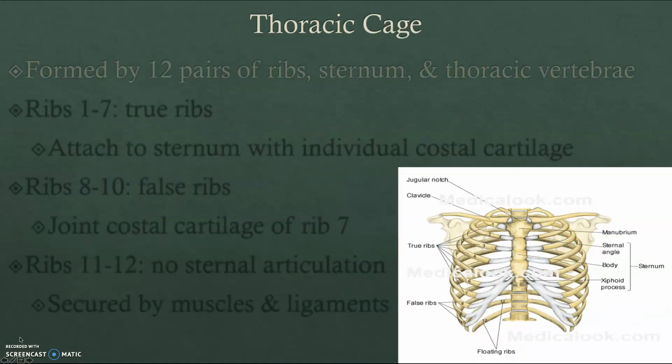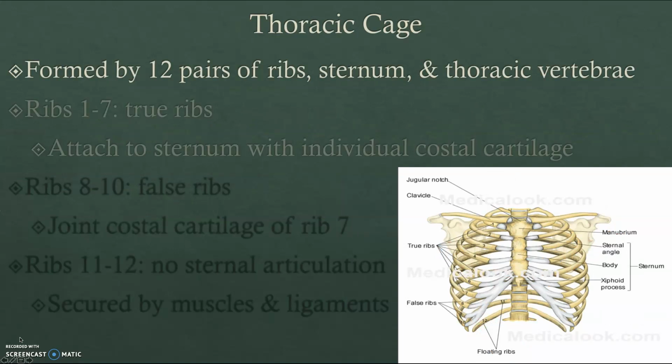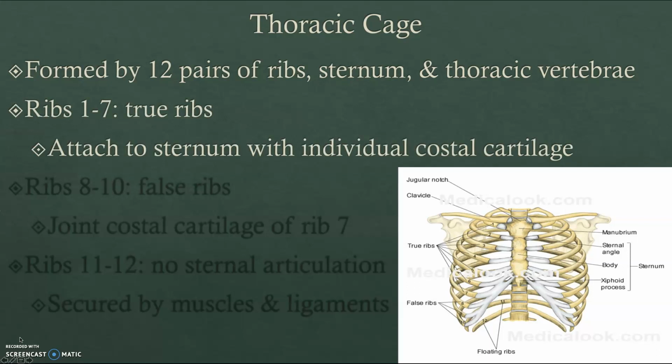Okay, so then the thoracic cage. So 12 pairs of ribs. Ribs 1 through 7 are true ribs, and they attach anteriorly with this costal cartilage, right here with the sternum.